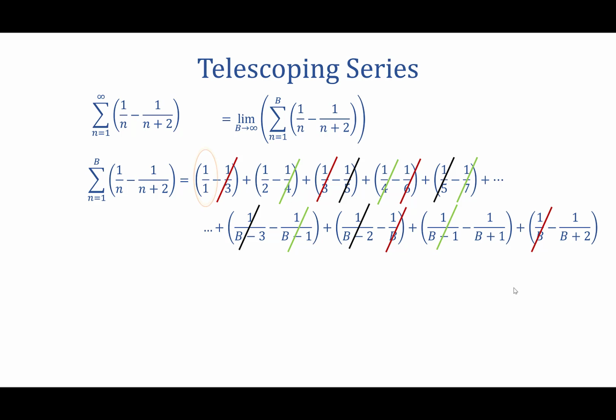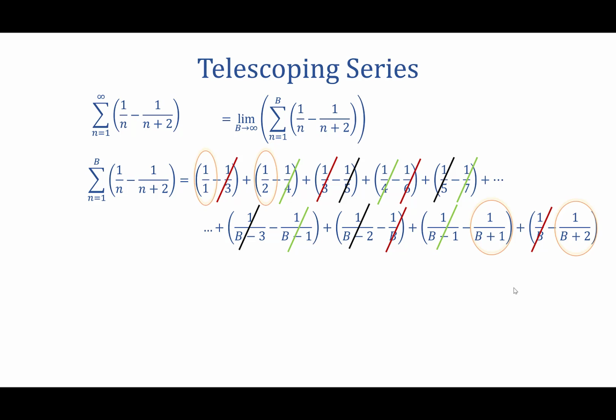So what are we left with? 1 over 1, 1 over 2. So 2 fractions near the front. That means we're going to be left with 2 fractions near the back. So this whole expression collapsed into just 4 fractions.